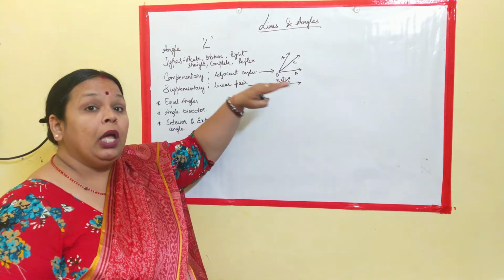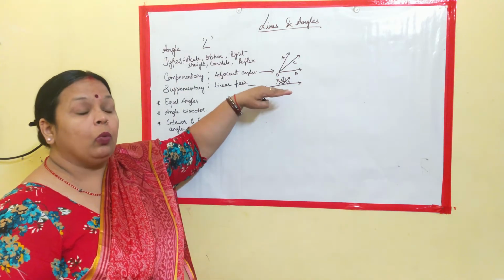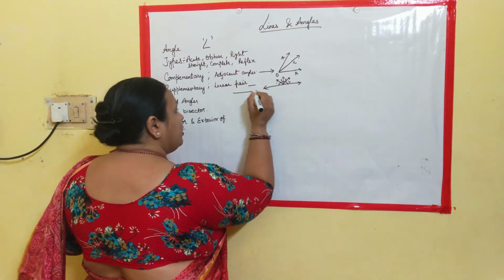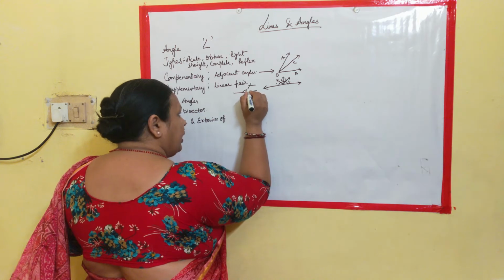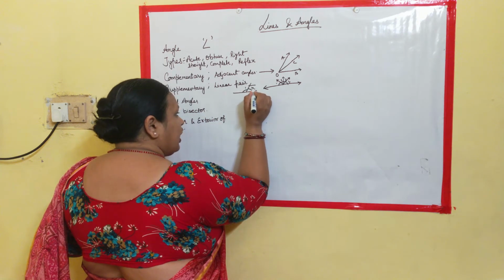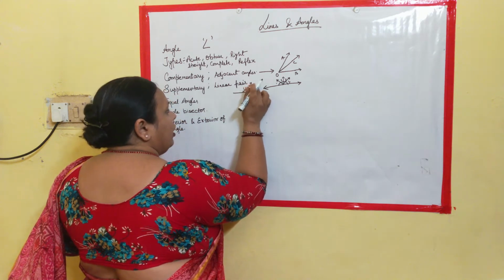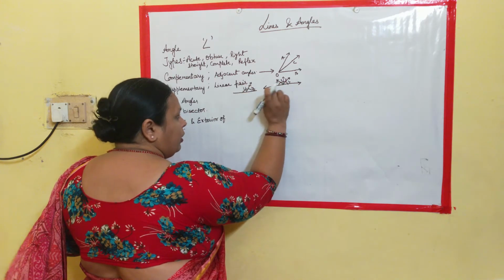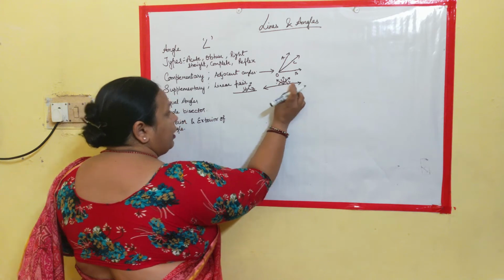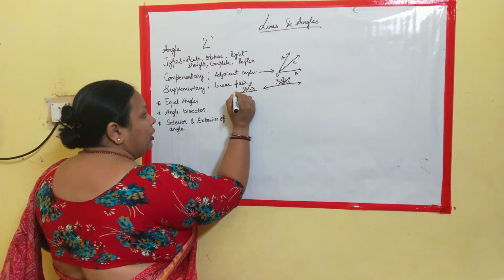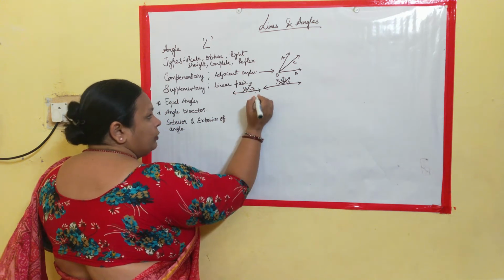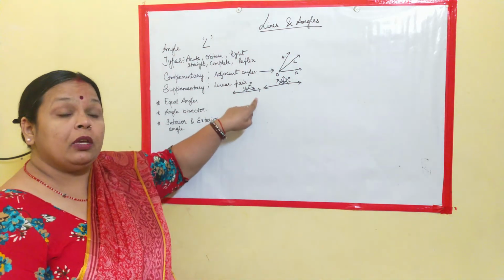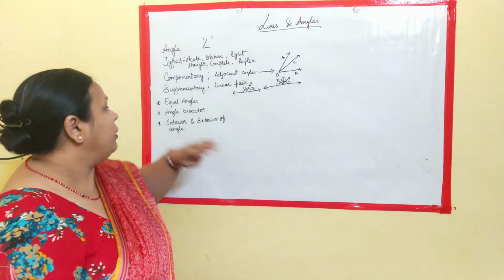Linear pair means angles making 180 degrees. If it is one angle and this is the second angle, clear? We know that this is a linear pair. But when we talk of a pair, we have only two angles, angle 1 and angle 2. The sum will be equal to 180 degrees on a straight line.